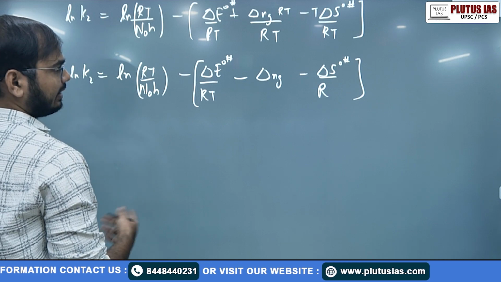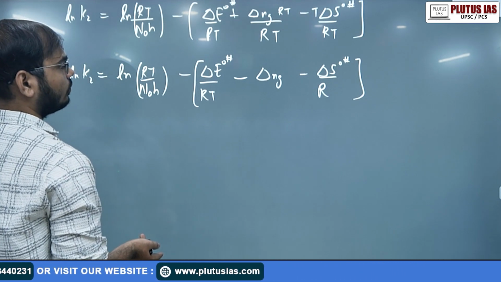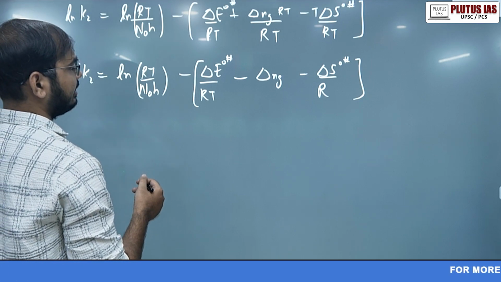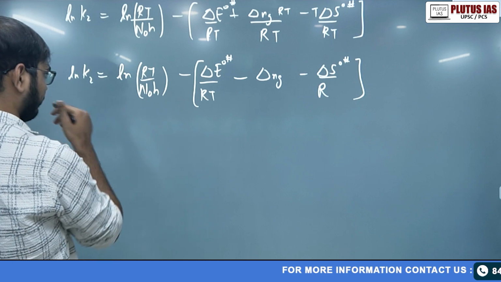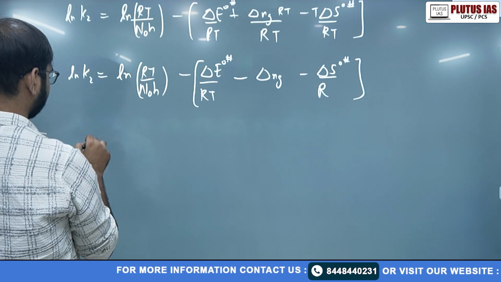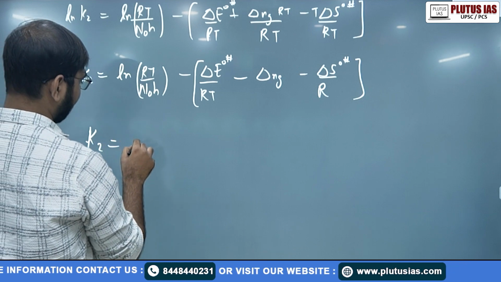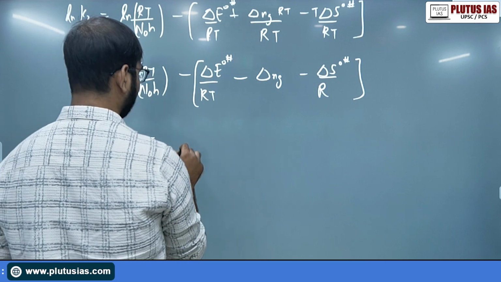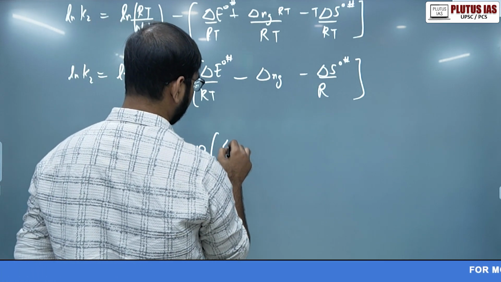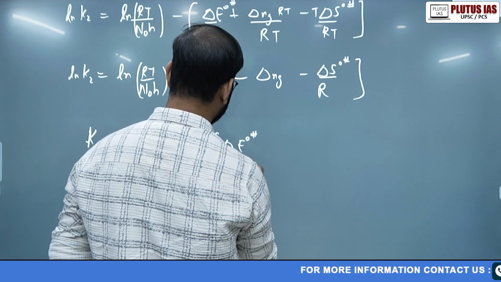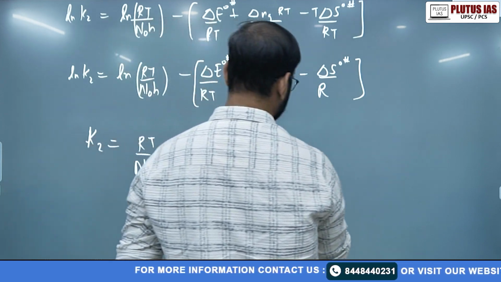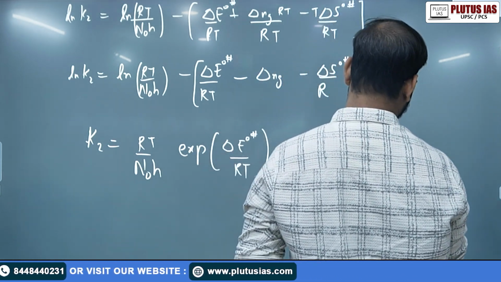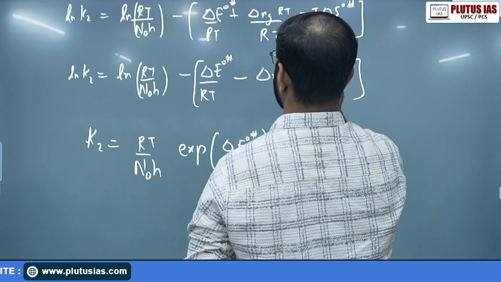Now let's try to find E naught. So taking ln, and now removing ln, I can write the value of K2 as RT N naught H, exponential of minus delta E naught star upon RT, exponential of minus delta Ng, exponential of minus minus, this will become plus.